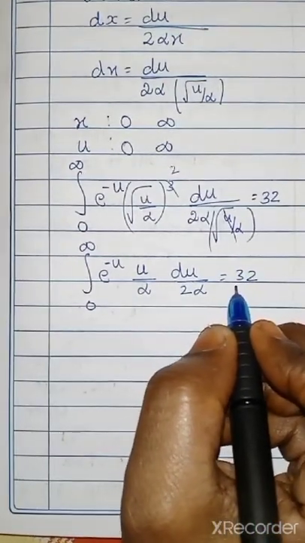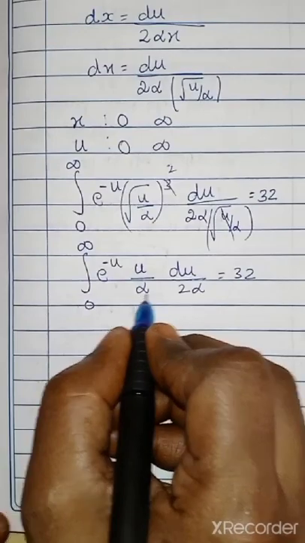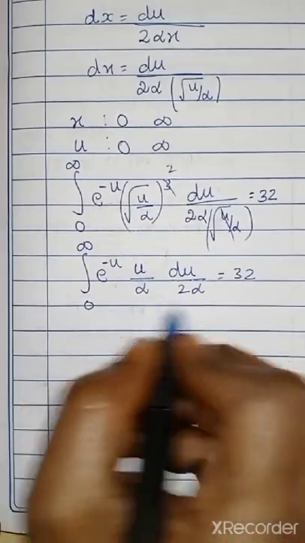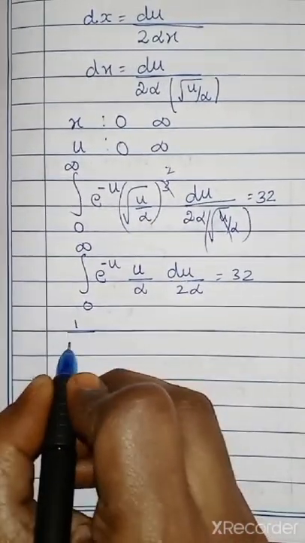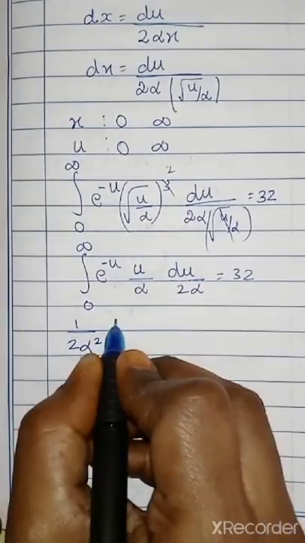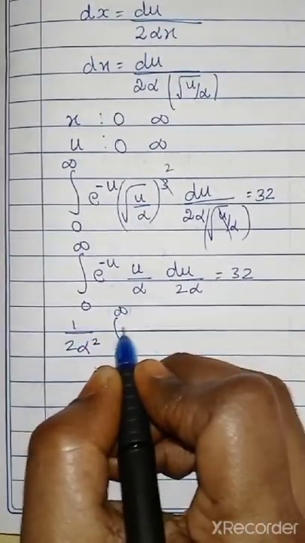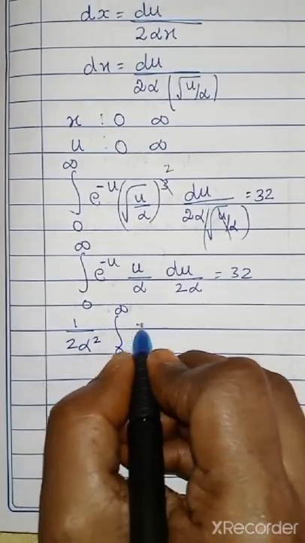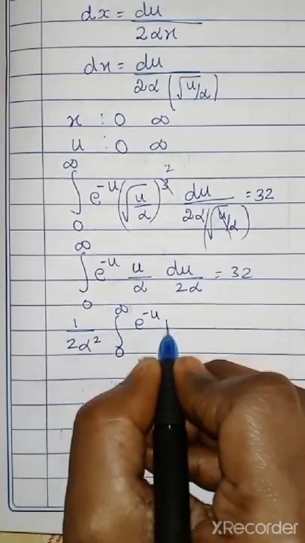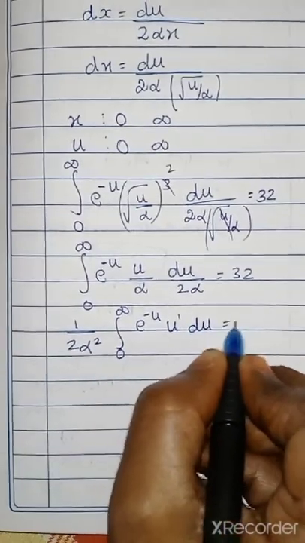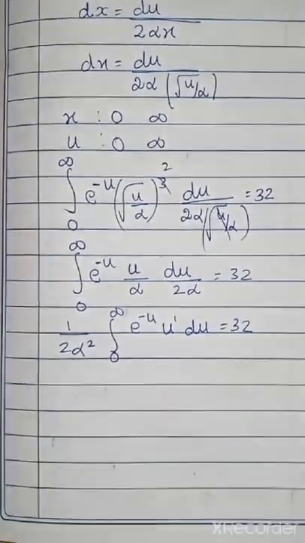Is that right? Okay. Now 2 alpha square and all are constants, so we can take them outside: 1 by 2 alpha square. What will be remaining? Integral 0 to infinity e power minus u power 1 du, which is equal to 32.